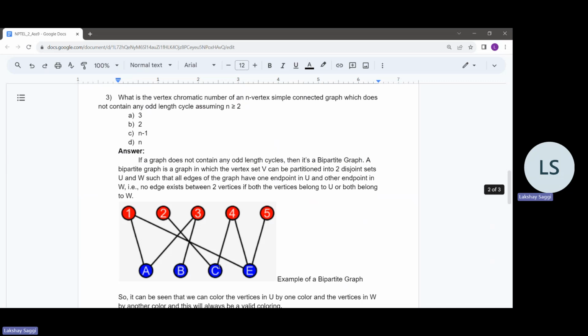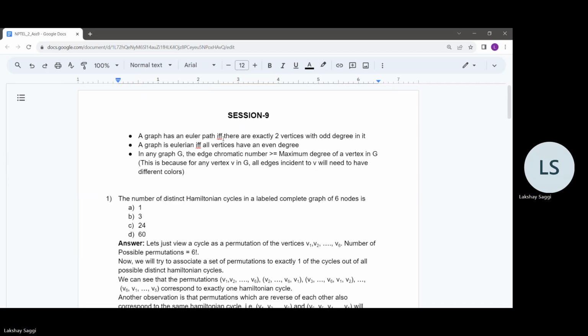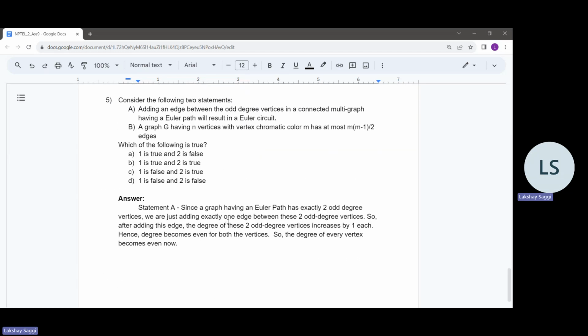Like I discussed in the preliminaries, if all vertices have an even degree, the graph is Eulerian. Hence the graph becomes Eulerian after adding the edge.